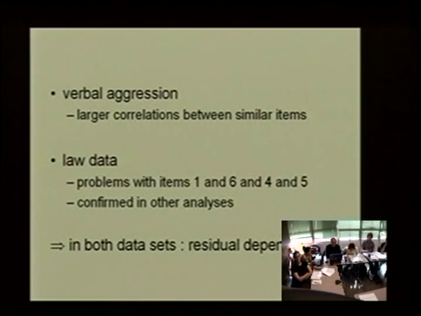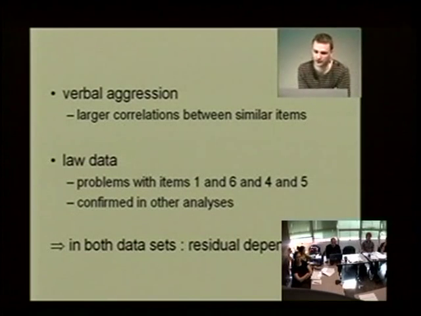And for the law data, there seem to be problems with the association between items 1 and 6 and items 4 and 5. And for the law data, that has been confirmed by other methods as well, so not only by this graphical assessment. So these are clearly two data sets where we do find residual dependencies.